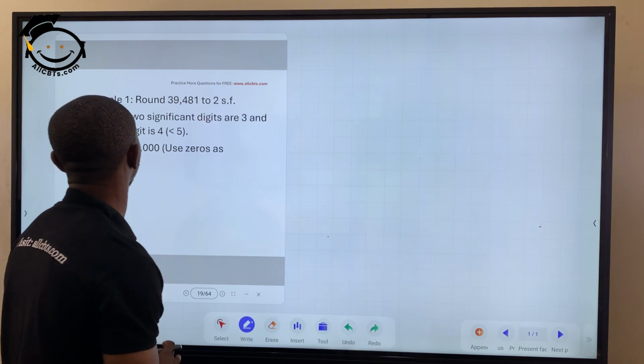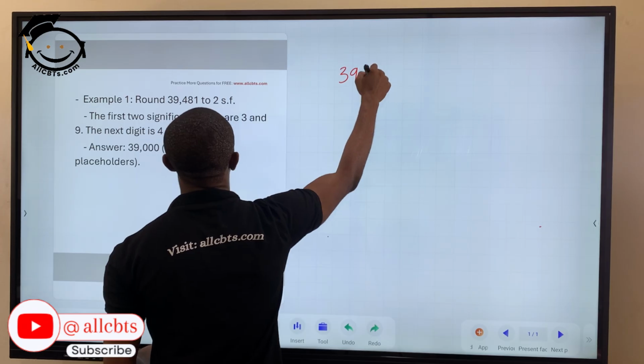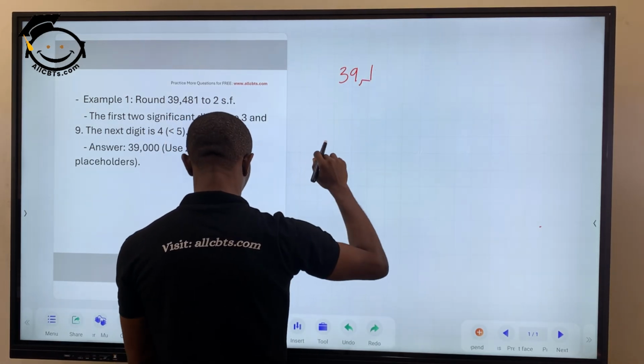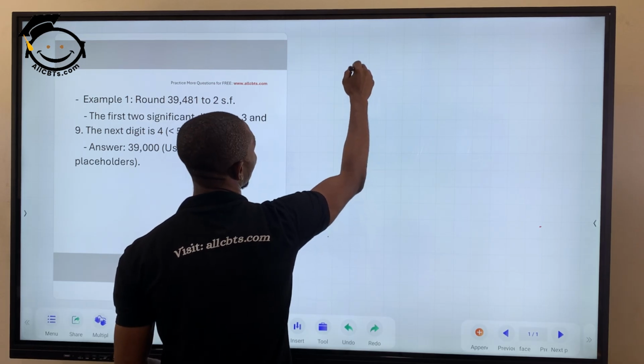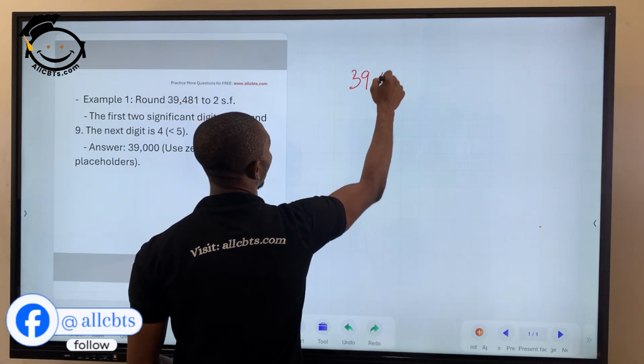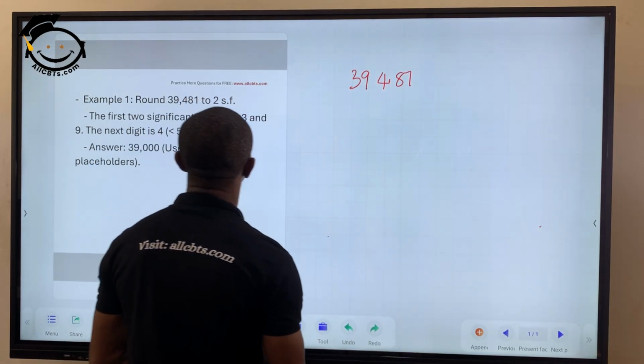All right, let's look at an example. It says round off 39,481 to two significant figures.